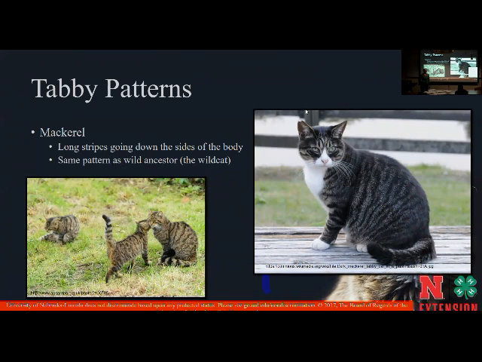When we're looking at types of tabbies, mackerel tabbies are the ones that have longer stripes down their sides. You can see the stripes going down the sides of the cat. This is the wild ancestor type of cat, the mackerel tabby, and this is the more common type. Do you know if you have a mackerel tabby, one with those stripes down their sides?